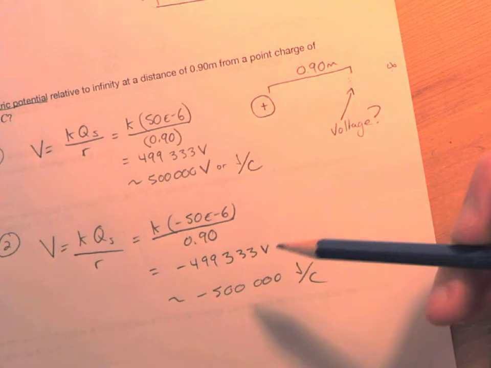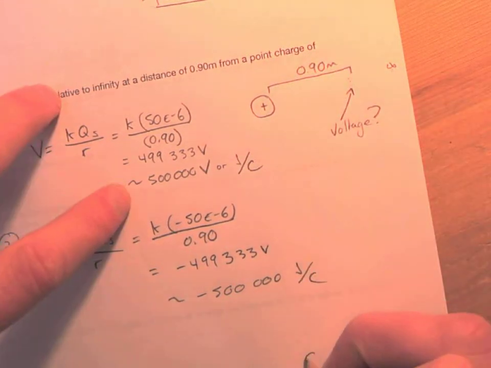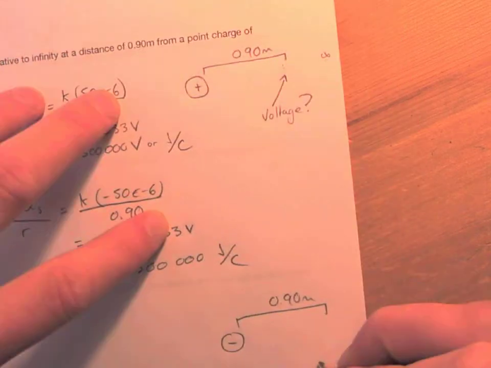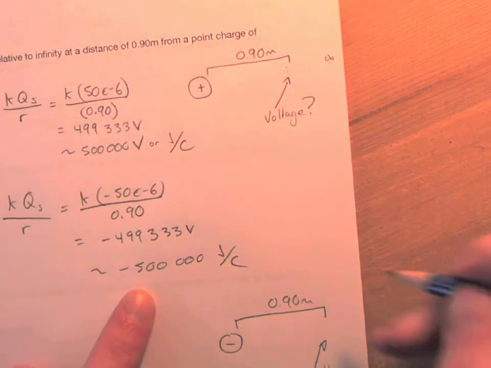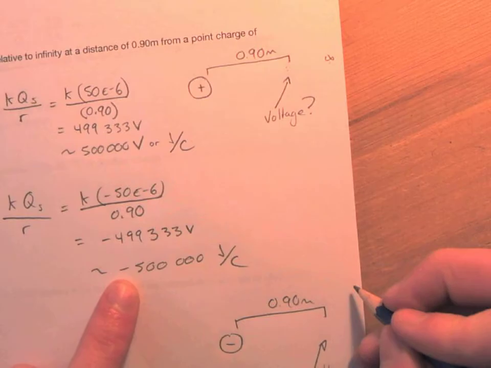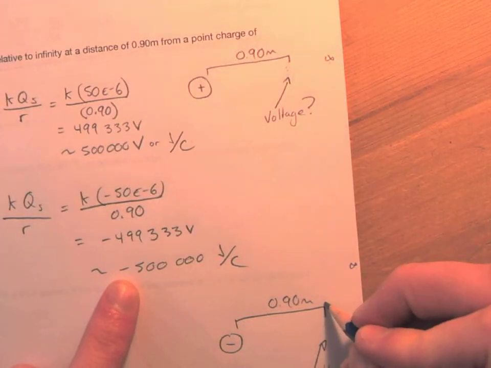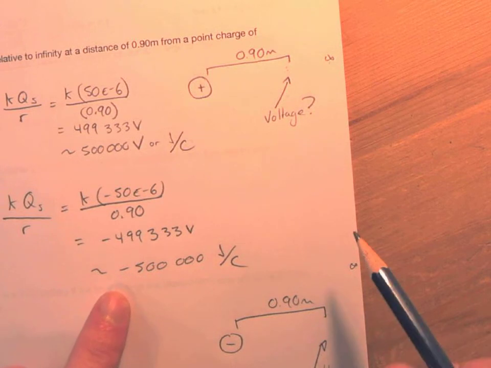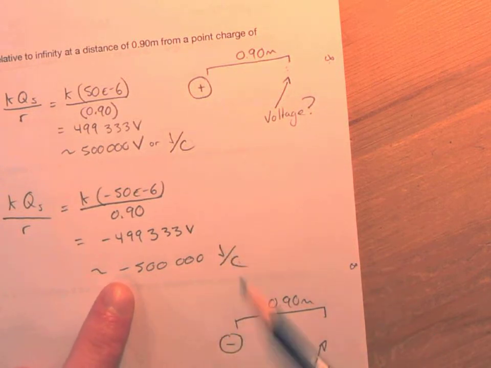So here, in this example, it's going to be negative. We have to go 0.9 meters, and it wants to know the voltage here. So really, it's relative to the infinity point. So to go from infinity to this point here, which is 0.9 meters from this, how much energy is it going to take? It says negative 500,000 joules per coulomb.